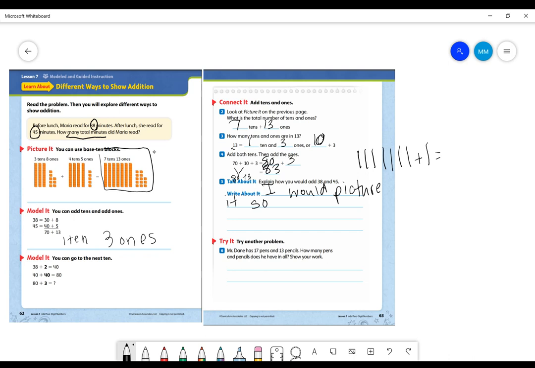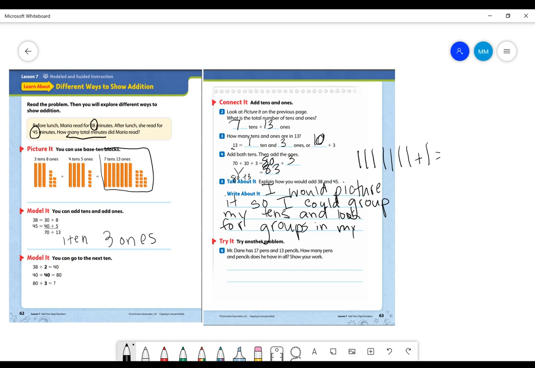So I could group my tens and look for groups of tens in my ones place.